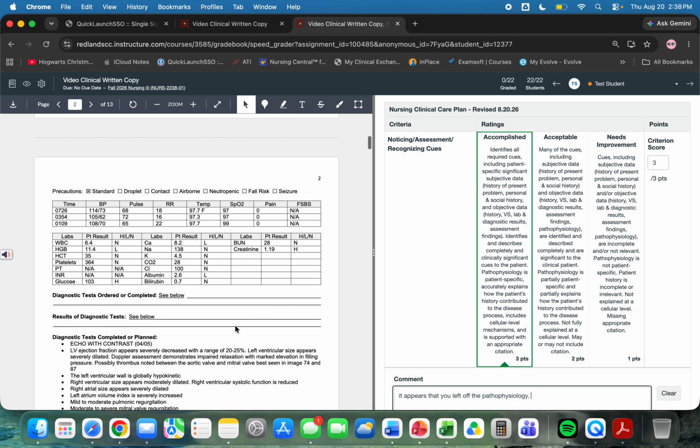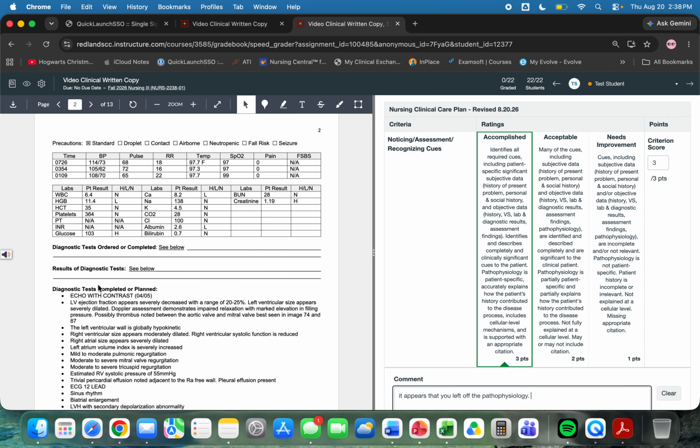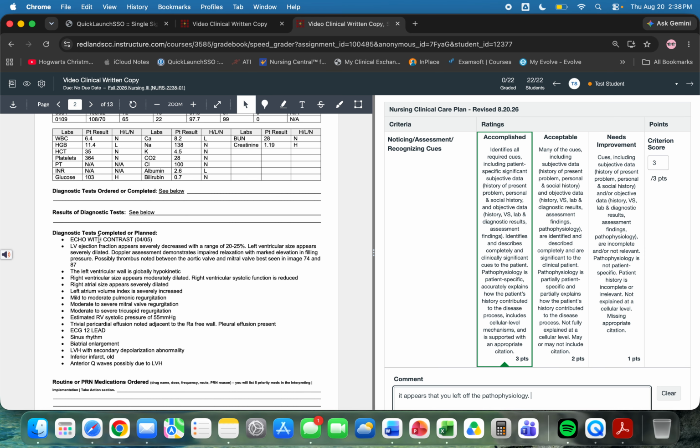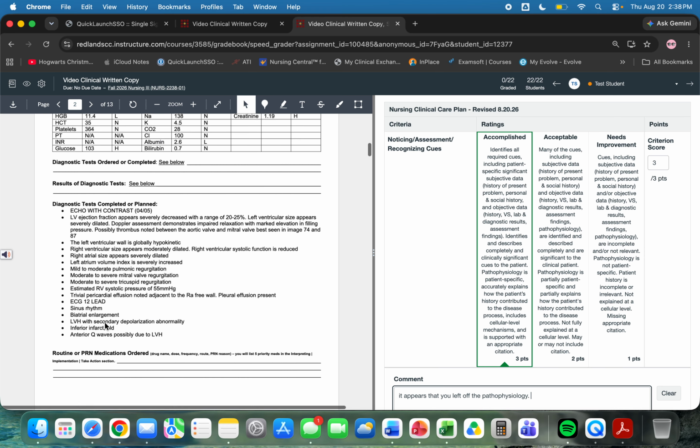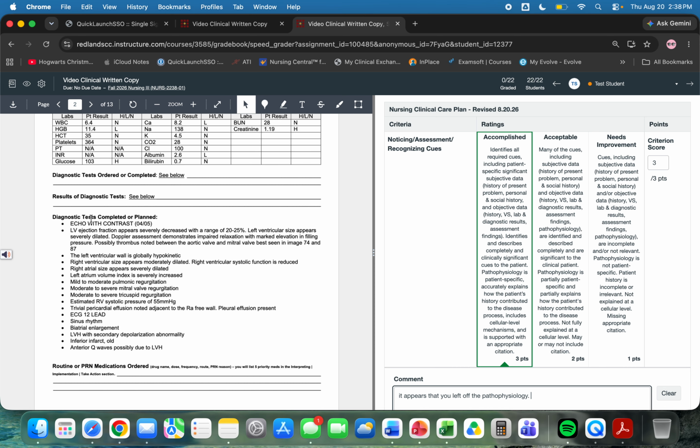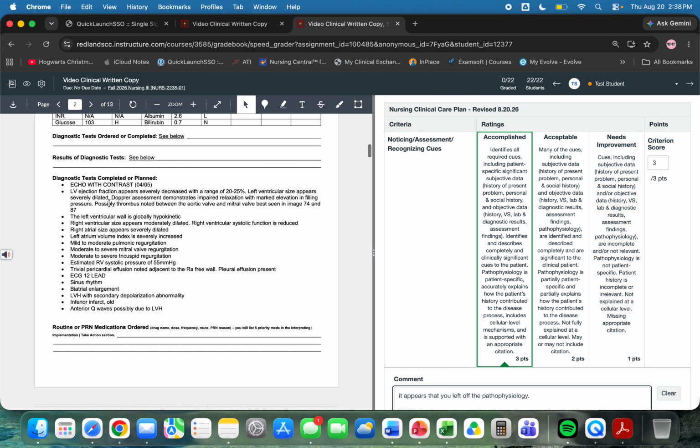The next aspect of what gets graded in this section is the diagnostic tests and anything that's really asking you under here. And so she actually did list her diagnostic tests underneath this section right here. So it looks like she listed everything that patient had going on. And she did include the majority of the results of most of them, not all of them.